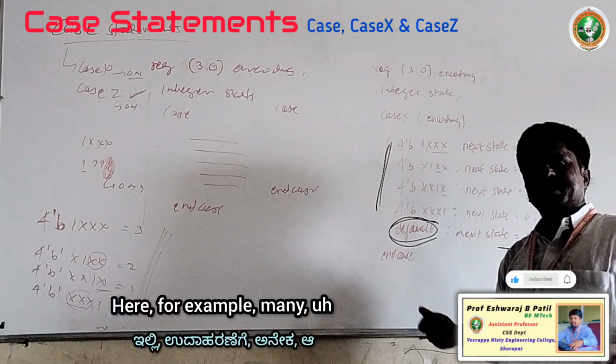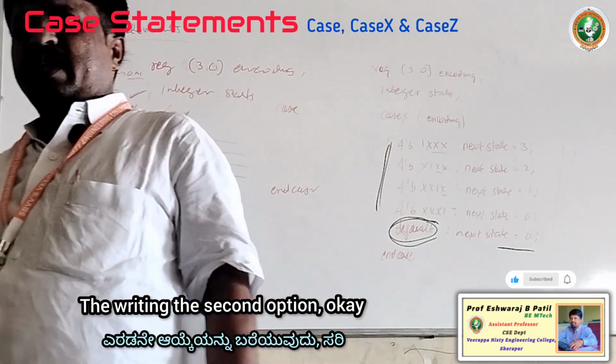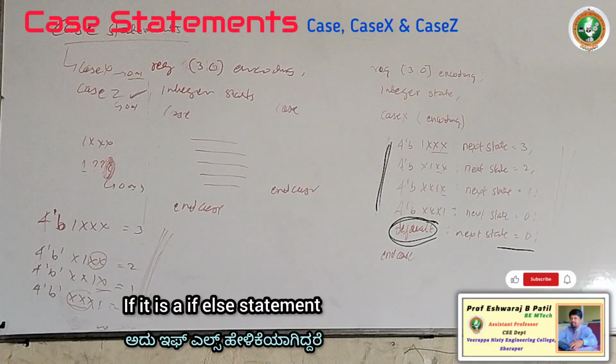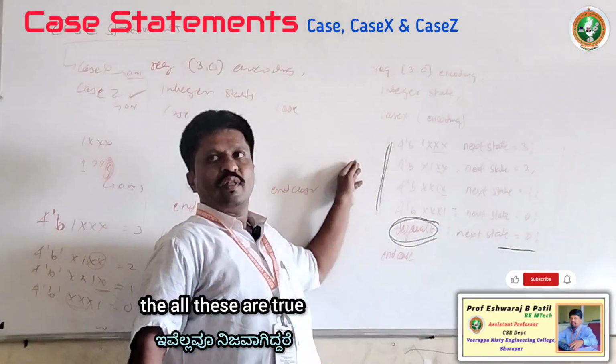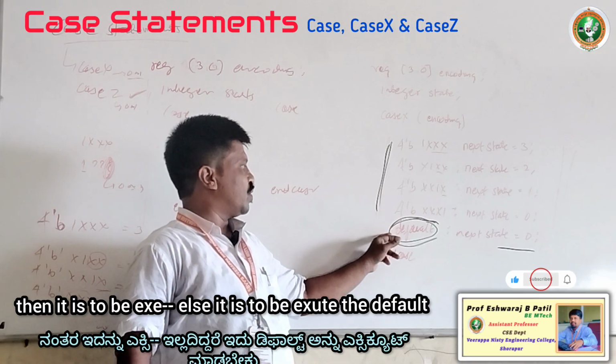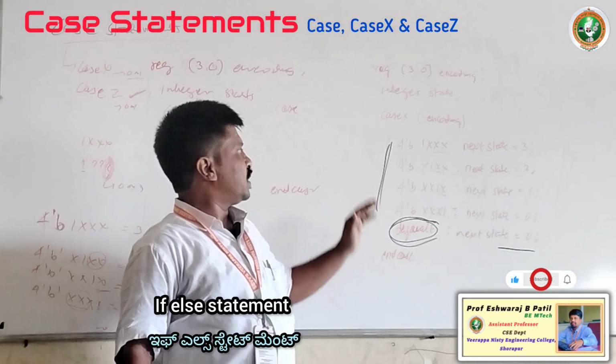Here for example, many programs will use the default as the second option. It's like an if else statement: if all these are true, then it is to be executed, else the default is executed. It's similar to an if else statement.